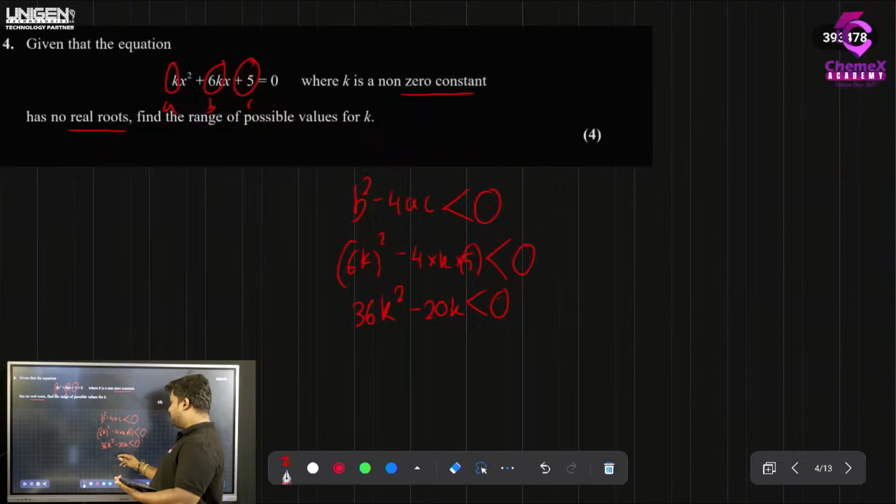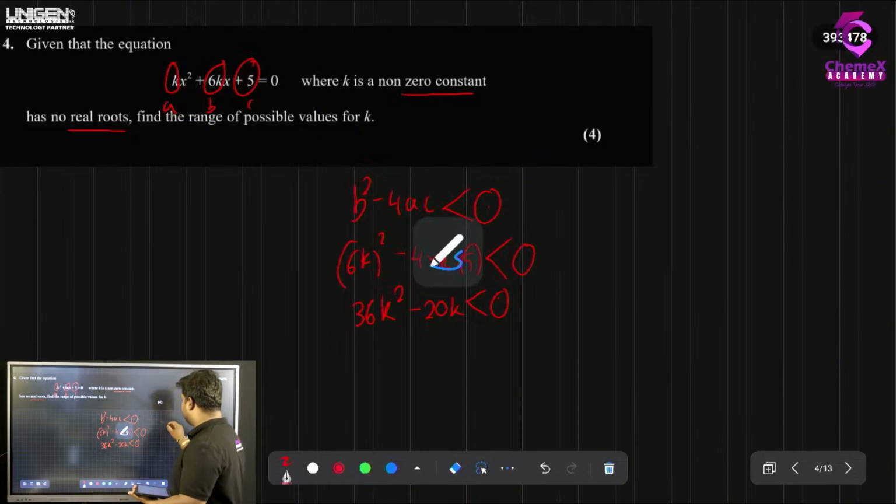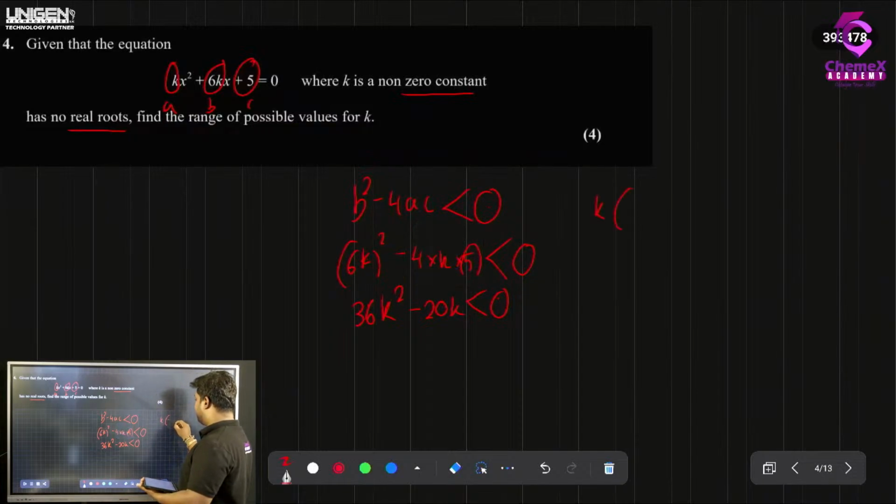So it's a non-zero constant. So let me just take 36k squared, 20k. Or you might say, why wouldn't I try this way, just taking the k out, we get k times 36k minus 20.